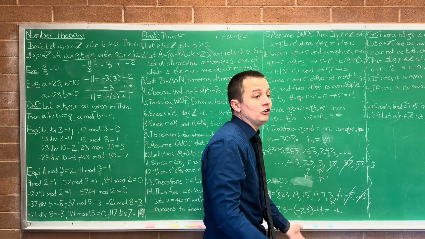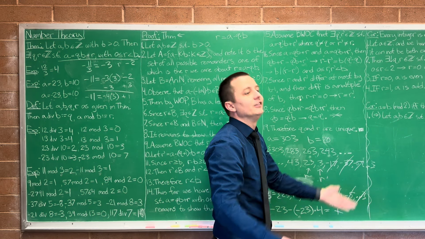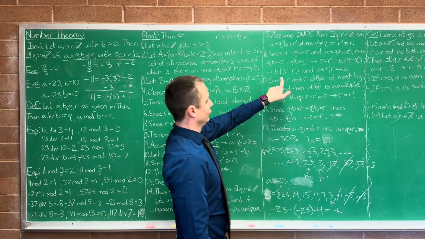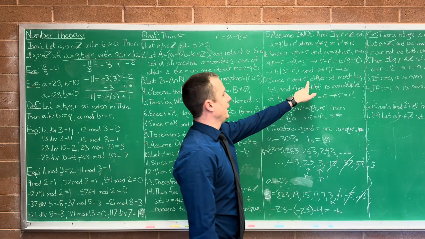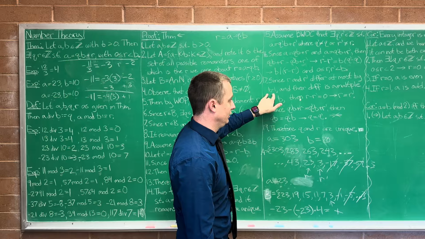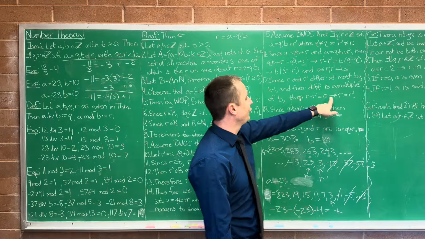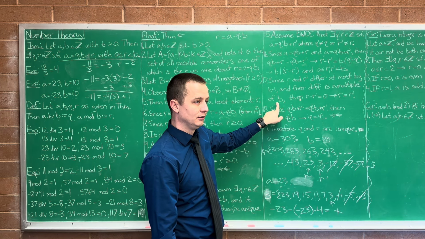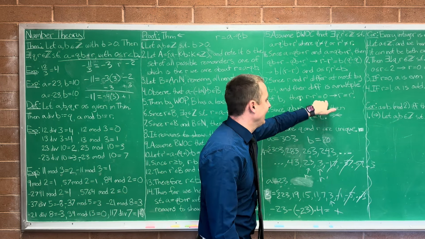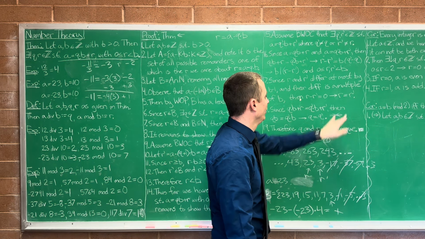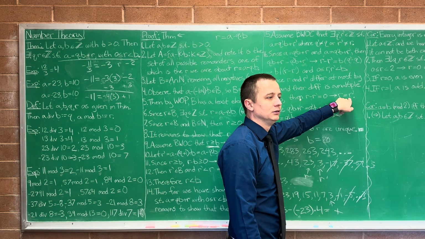Which means that there's no distance between them, or in other words, they're the same number. Perfect. So, since r and r prime differ at most by b minus 1, and their difference is a multiple of b, then r minus r prime has to be 0. Or in other words, r has to be equal to r prime.